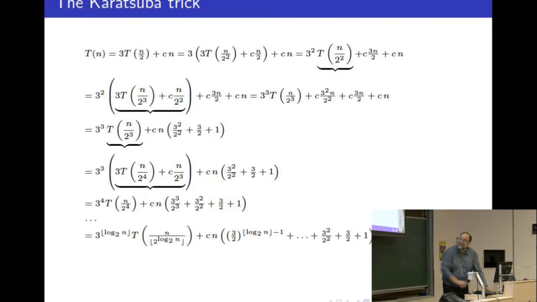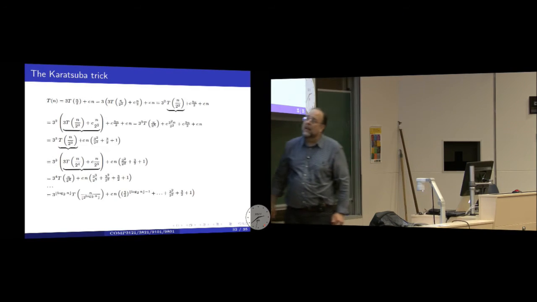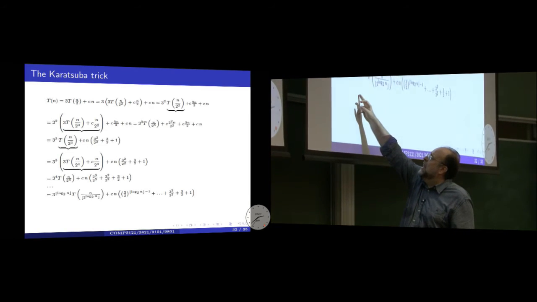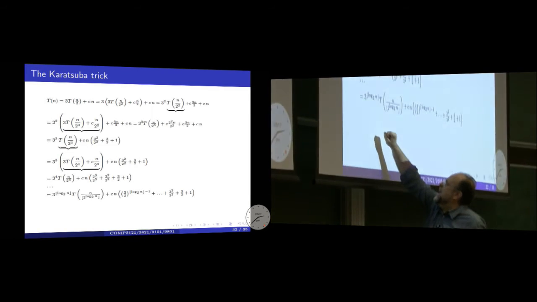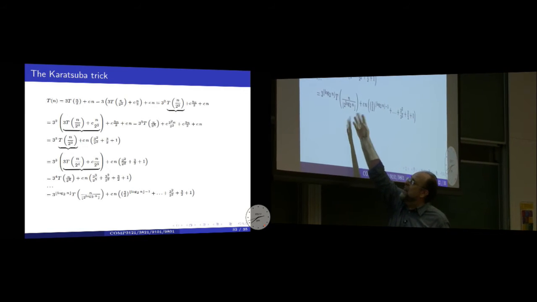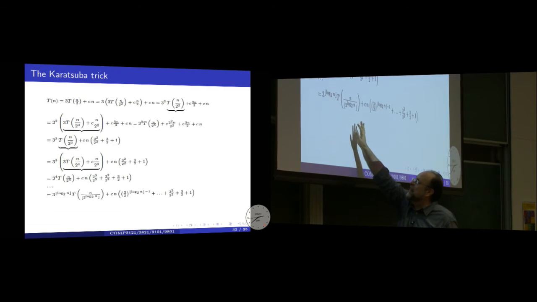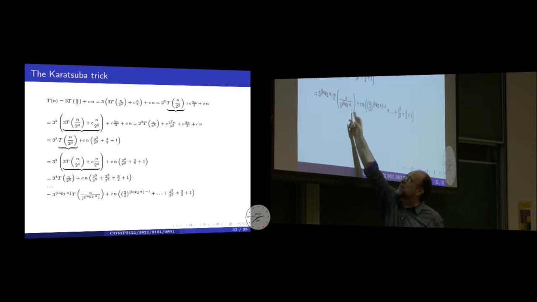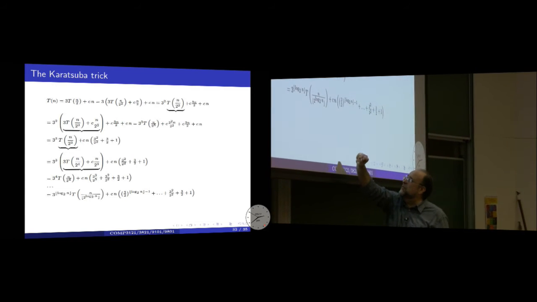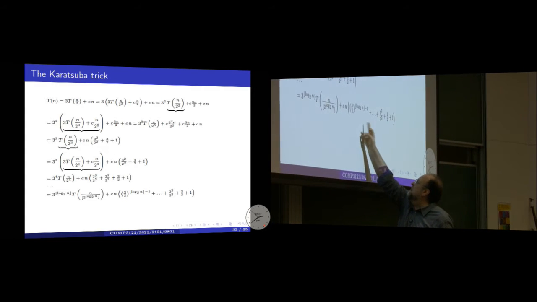Okay, so at the very bottom, then, the exponent on 3 will be floor of log base 2 of n. This will be 1 or 2 off, whatever, depending on how big this is, because the integer part rounds it off a little bit. And then you have this.